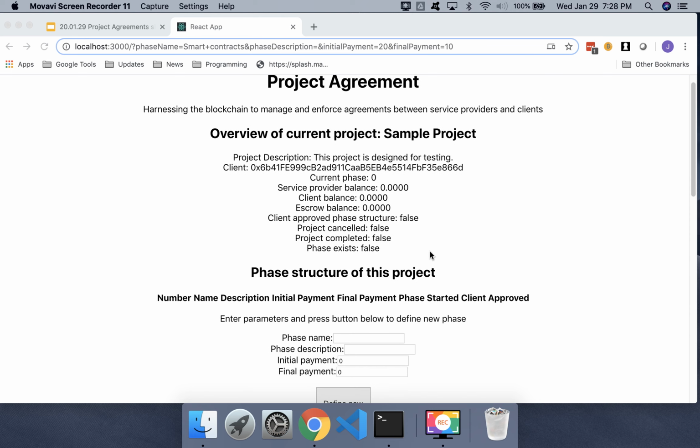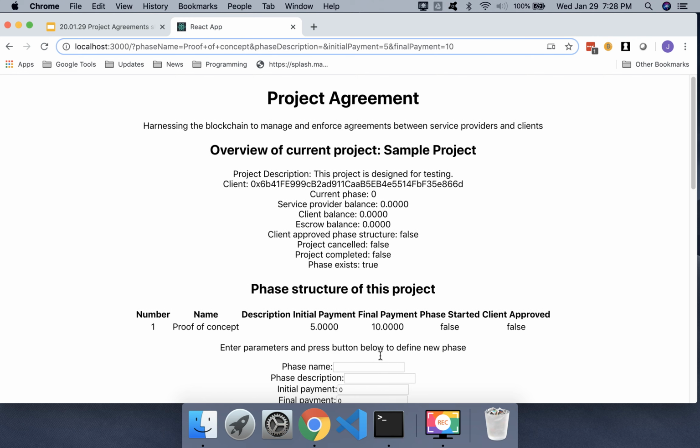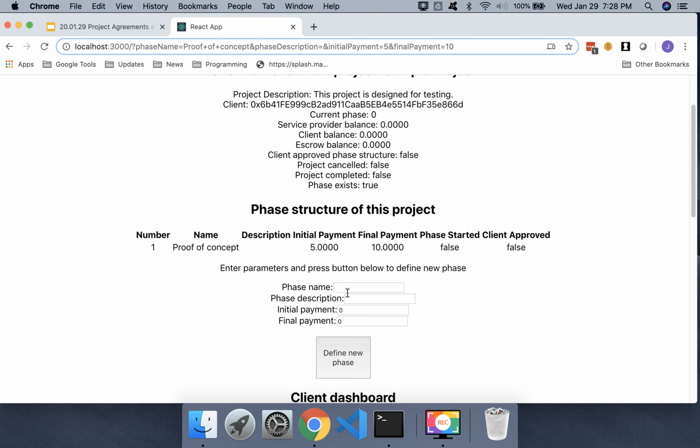So we'll create a phase here called proof of concept, and we'll say that the initial payment is 5 ETH and the final payment is 10 ETH. I'll explain the significance of the initial and final payments later. And now we'll define a second phase.